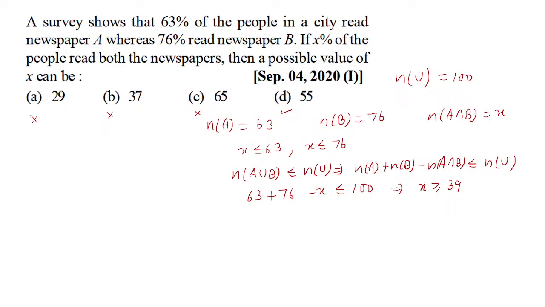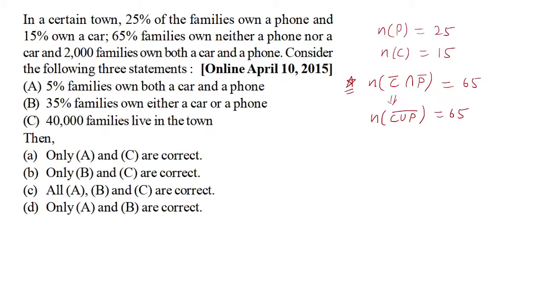Anyway, think about this. This essentially means what? And what about the number of elements in the universal set? It is supposed to be 100. So that means 100 minus the number of elements in C union P is 65. So the number of elements in C union P is what? 35. Check it out.